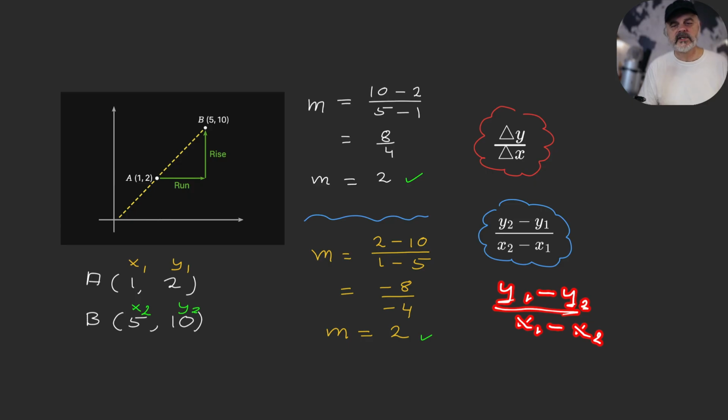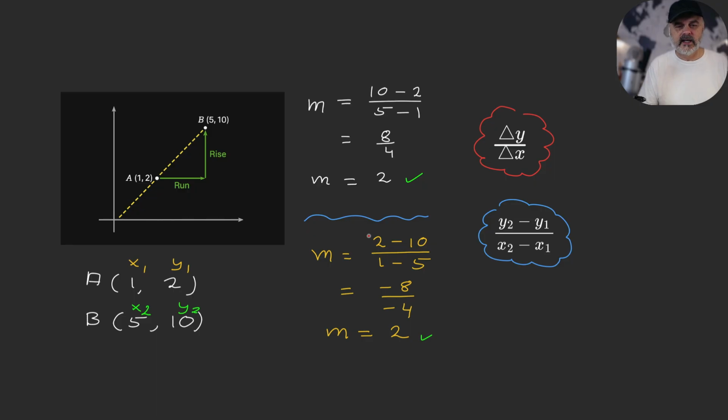First minus second, first minus second. It doesn't matter, as long as you do them consistently in the same direction. If I go second minus first coordinate on top, I do second minus first coordinate at the bottom. That is the key.